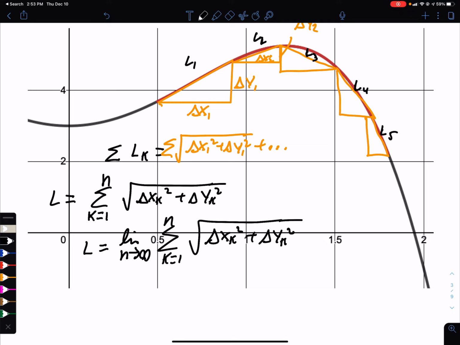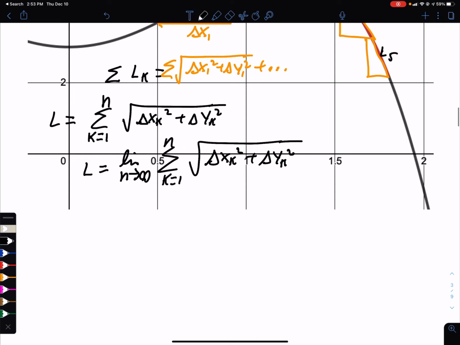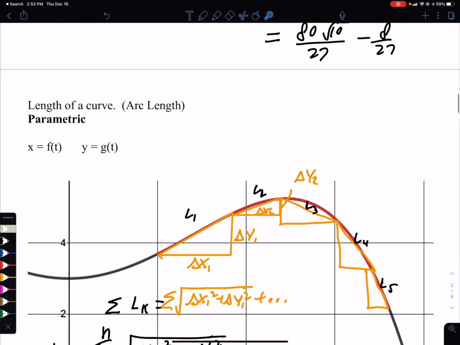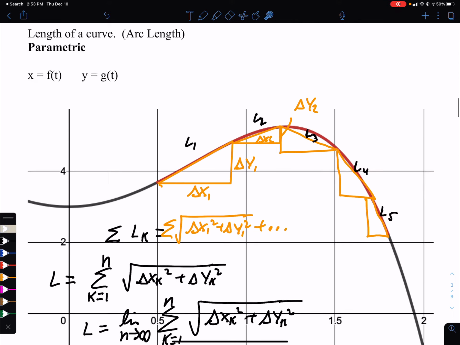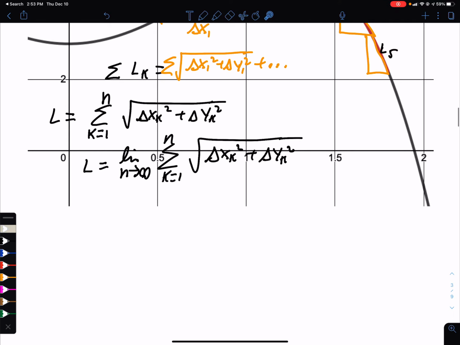All right, so we're getting closer to what we want. But remember, x and y are defined differently. They're separate. So conceptually, if n goes to infinity, then these approach 0 and they become derivatives in a sense, the small change in x.